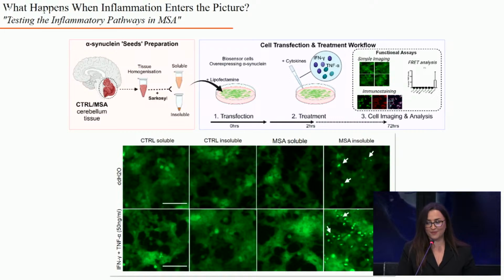However, when we added inflammation, these clumps or aggregates of synuclein were everywhere, clearly showing that inflammation has a direct effect and increases the aggregation of synuclein, once again showing that inflammation could be a possible drug target, in particular for MSA patients.